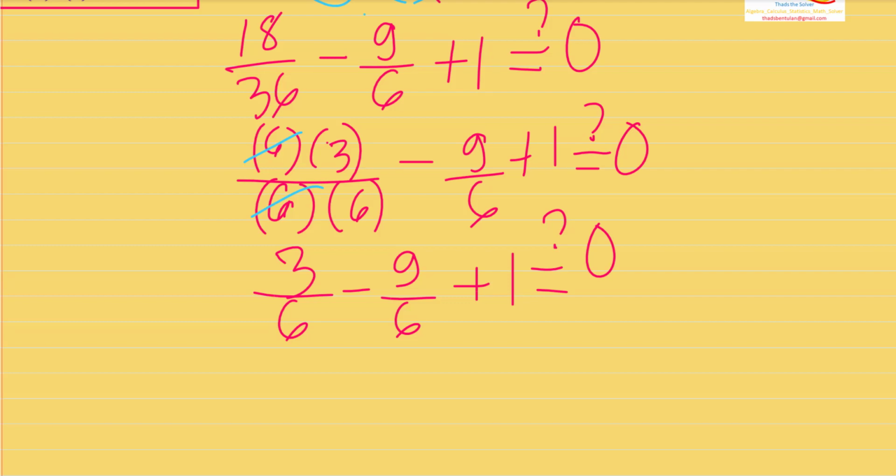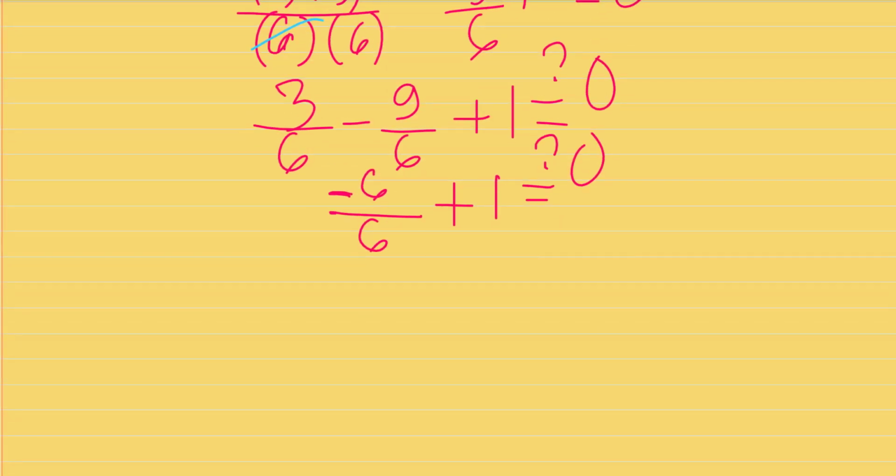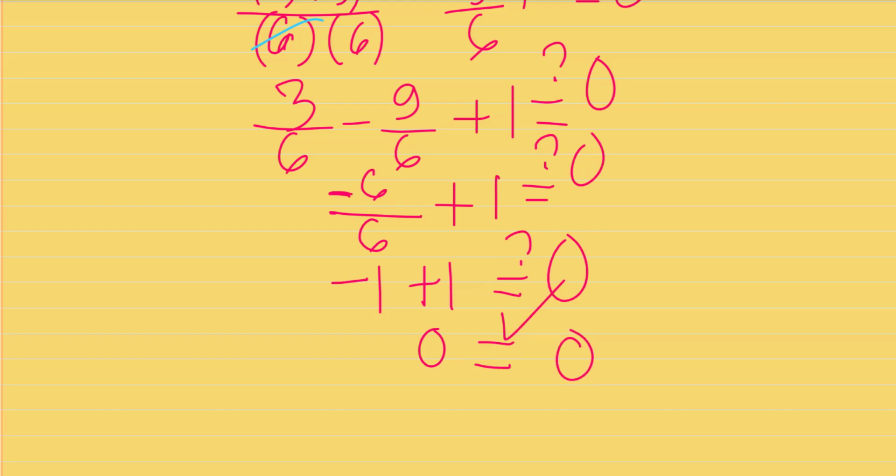But we're doing this step by step for the weakest student in math. So 3 minus 9, that is minus 6 all over 6, plus 1. Is that equal to 0? Okay, we should do it step by step. So this is negative 1 plus 1. Is that equal to 0? 0 equals 0. Check. Okay, there's a check there.